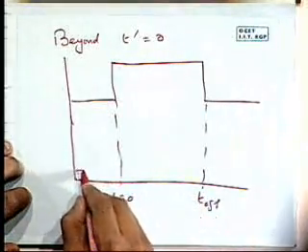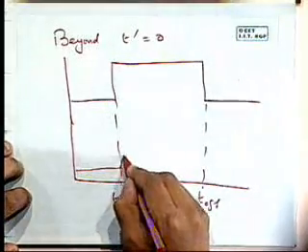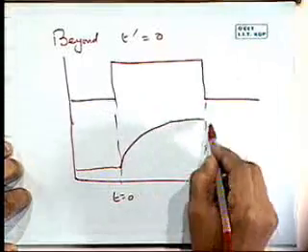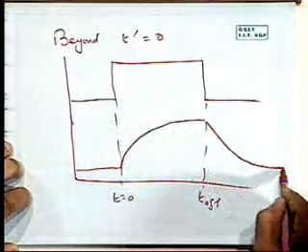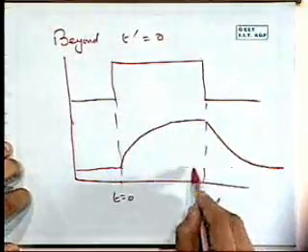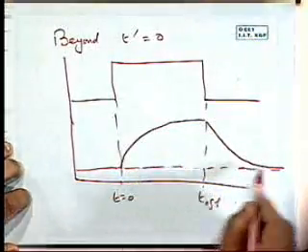And what we had was that the minority carrier increased to some saturation value, and now it's just going to decay down exponentially to the same equilibrium value that it started off with.